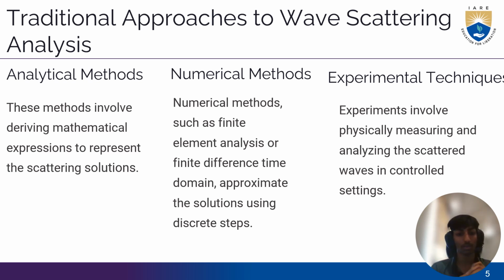Numerical methods, such as finite element analysis or finite difference time domain, approximate the solution using discrete steps. This can also take in many more examples, but I chose three examples. And the third one, experimental techniques. Experiments involve physically measuring and analyzing scattered waves in controlled settings.